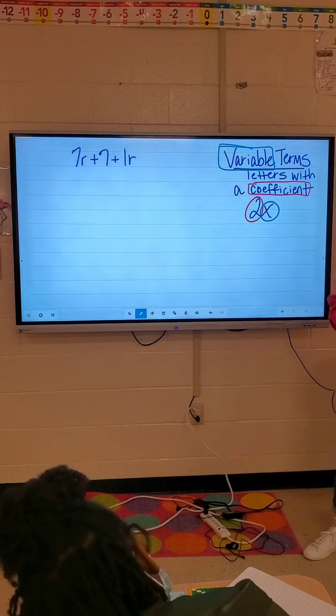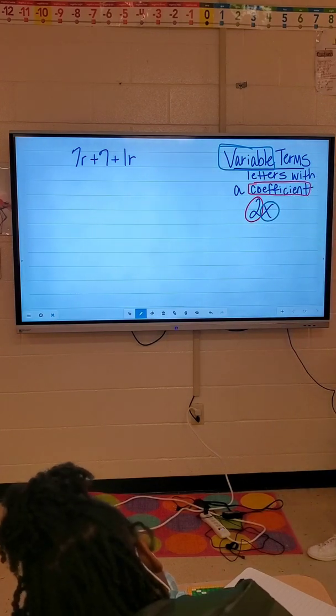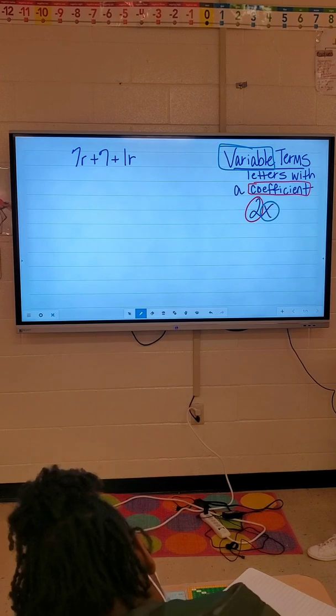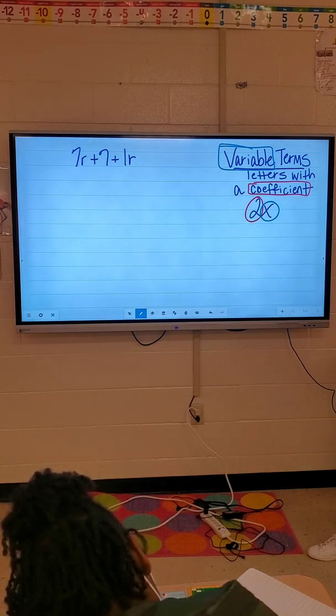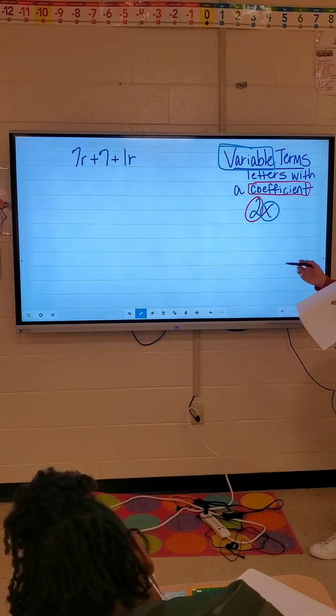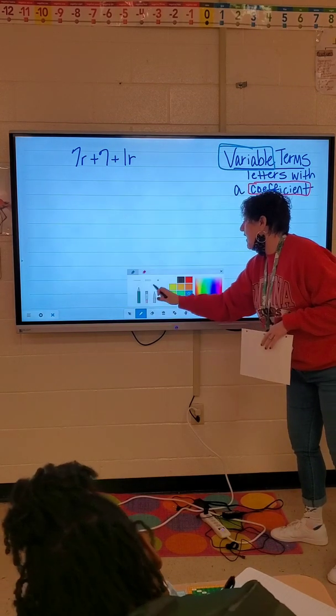Okay? The variable is x. The letters can be any letter of the alphabet. The letters don't matter, okay? They do matter when you start combining them, but a variable can be any letter, all right? So we have variable terms and we have constant terms.